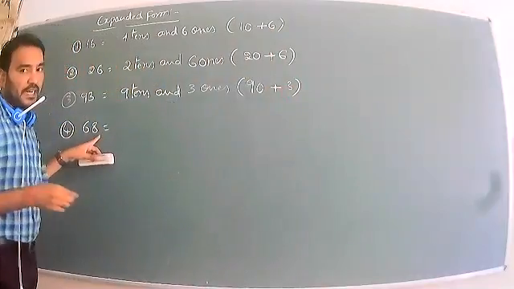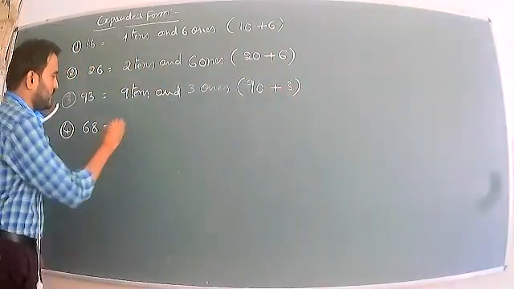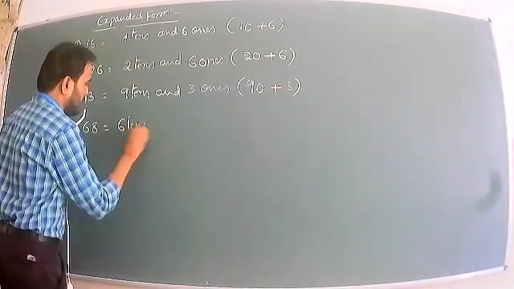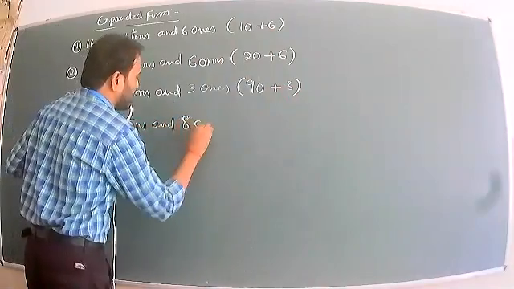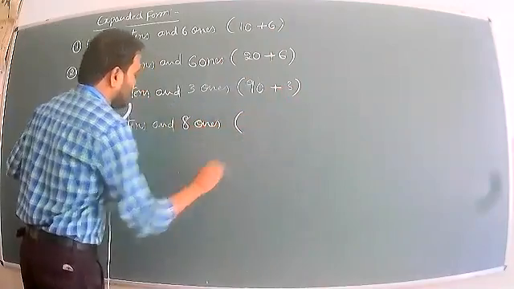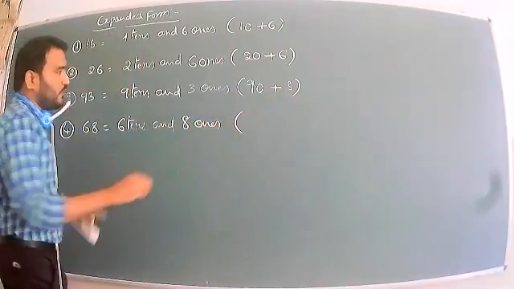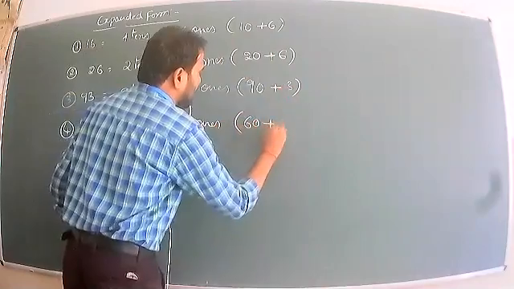Next, 68: 6 tens and 8 ones. So we write the numerical form 60 plus 8.